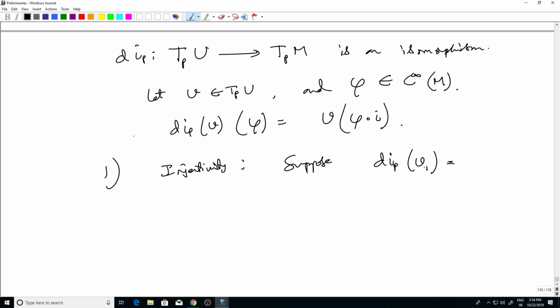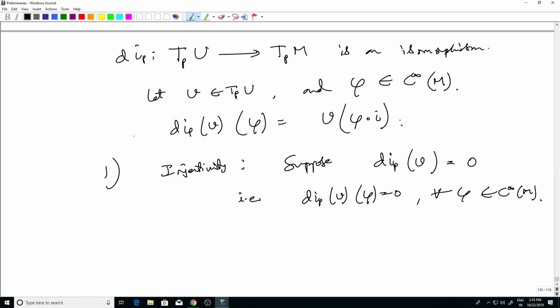So when we are in the realm of linear maps, to check injectivity, I just have to check that the kernel is 0. So suppose I have this, I would like to say that V is 0, i.e. DI_p V of phi is 0 for all phi in C infinity M.